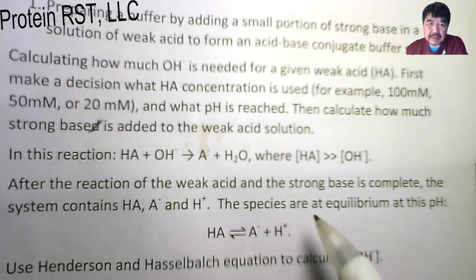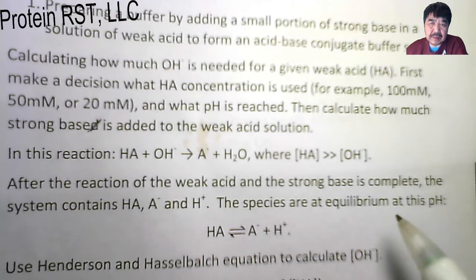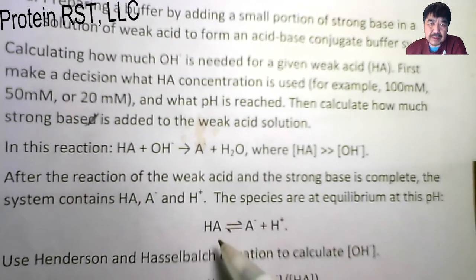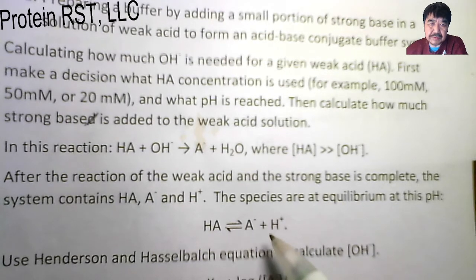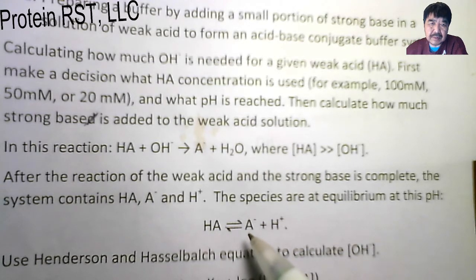The species are at equilibrium at a given pH. This is the equilibrium equation. This is the weak acid molecule, this is the acid radical, this is the proton.